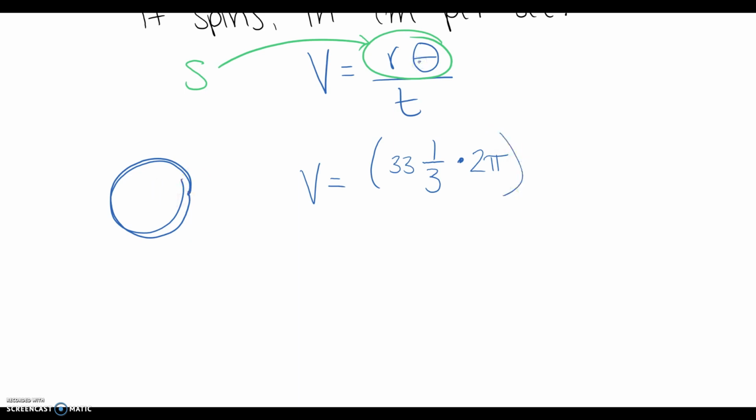So that's theta, times the radius, which is 15, because they gave us the diameter of 30 centimeters. So the radius is 15 centimeters, and that is per 1 minute.